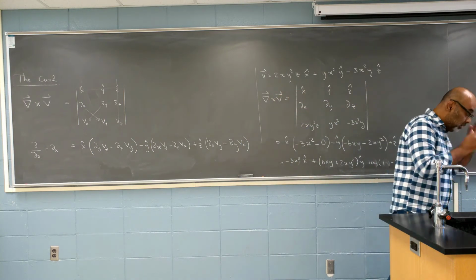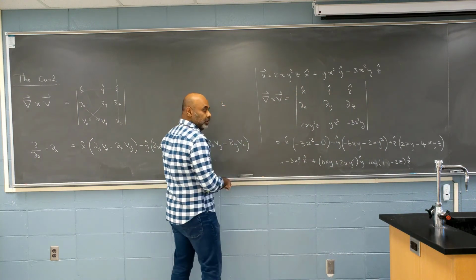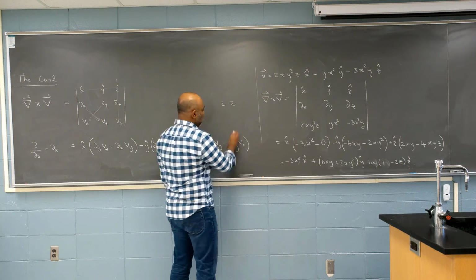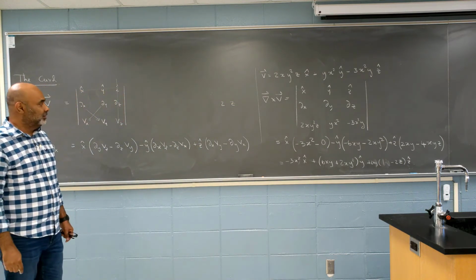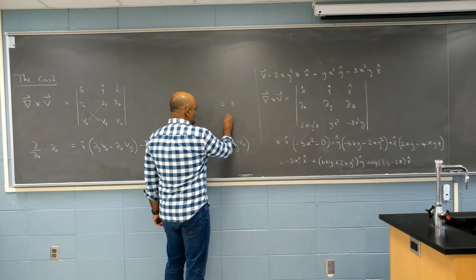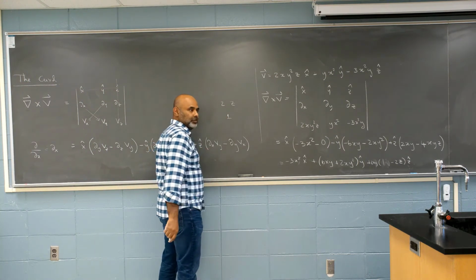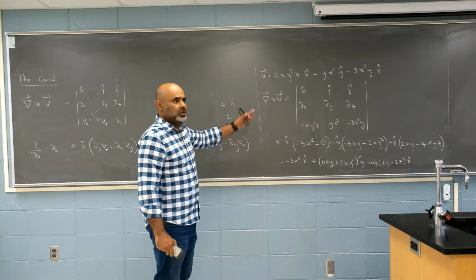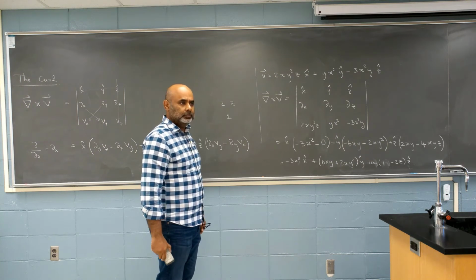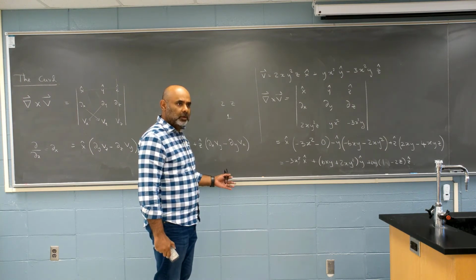So also the lesson to be learned is this is 2 and this is z. That's why I put a line. And this is 1. I do a little flag there. So this is just a formula. Happy with how to take the curl?